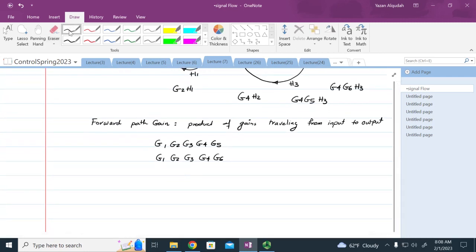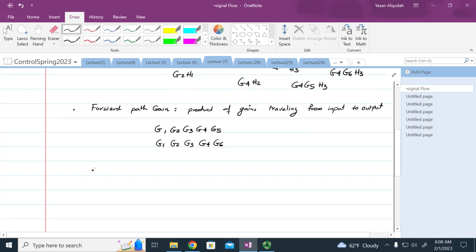Okay. Another definition that we're going to need is non-touching loops, which are the loops that do not have nodes in common.